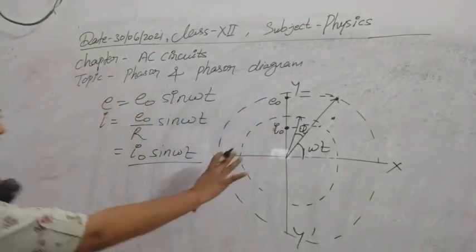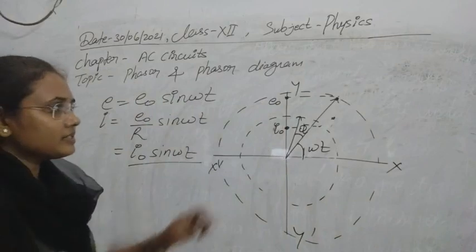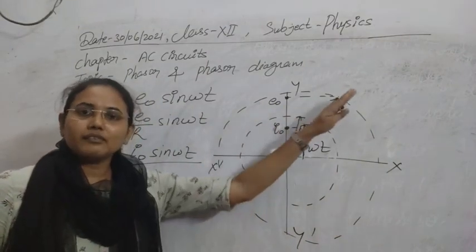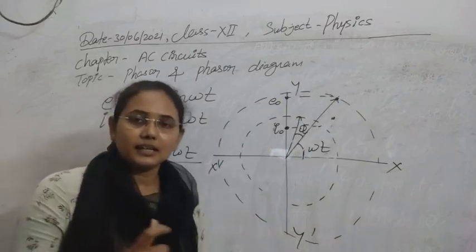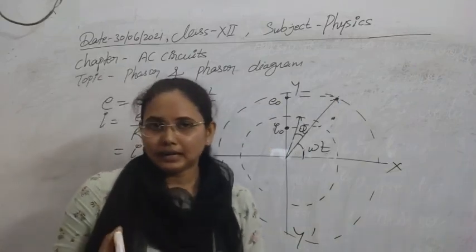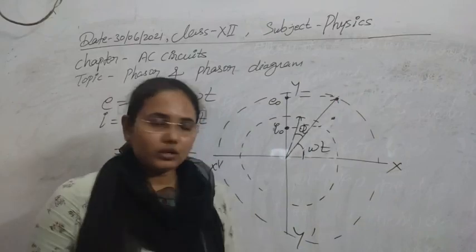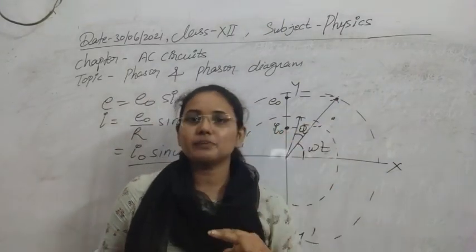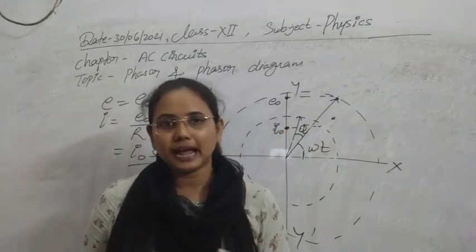So first I think the phasor diagram is now clear. This is simple. We are taking some rotating vectors here, and these rotating vectors are representing the instantaneous value of alternating voltage or current, and also the phase between alternating voltage and current at any instant.